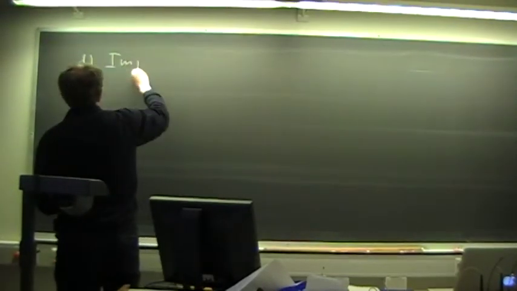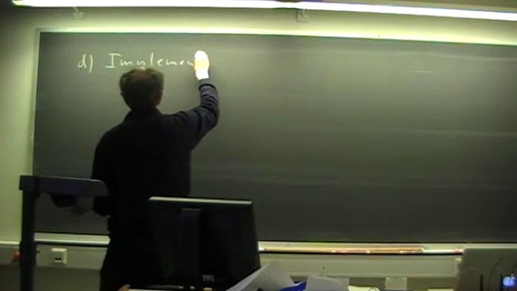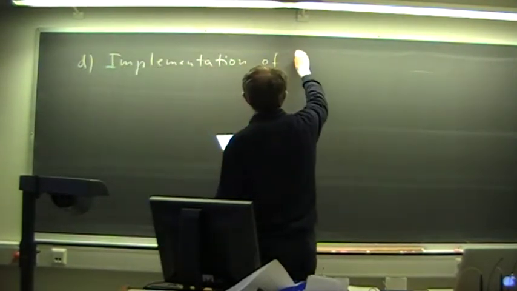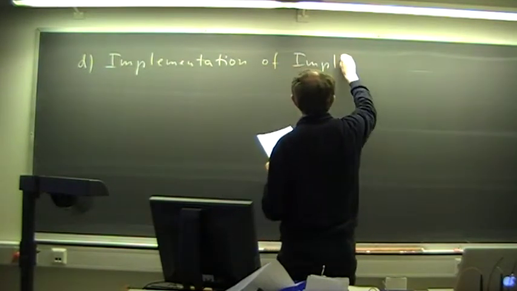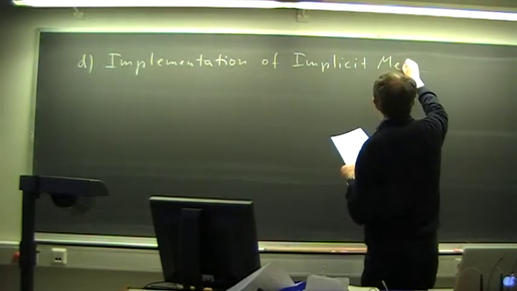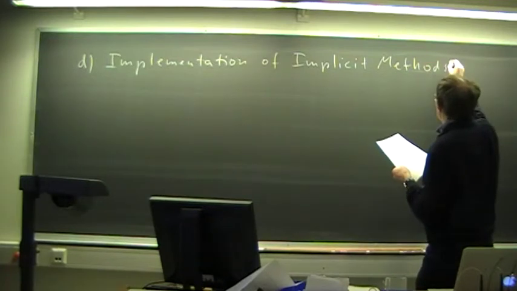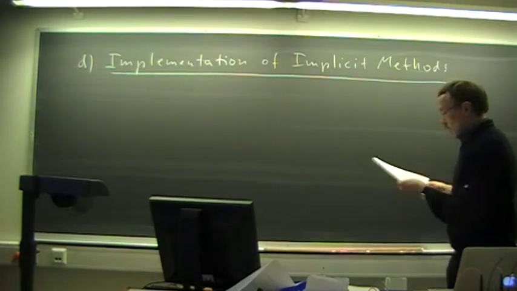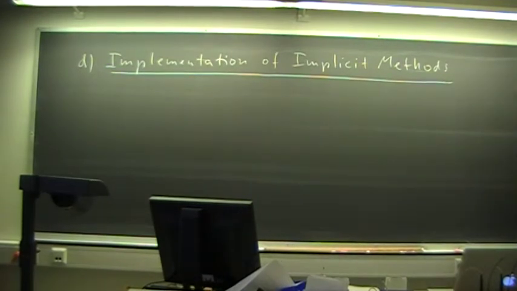So it's the implementation of implicit methods. And as an example, we'll consider here just the implicit Euler method. If you know how to do that, then you can do it also for the trapezoidal method and for the BDF2.